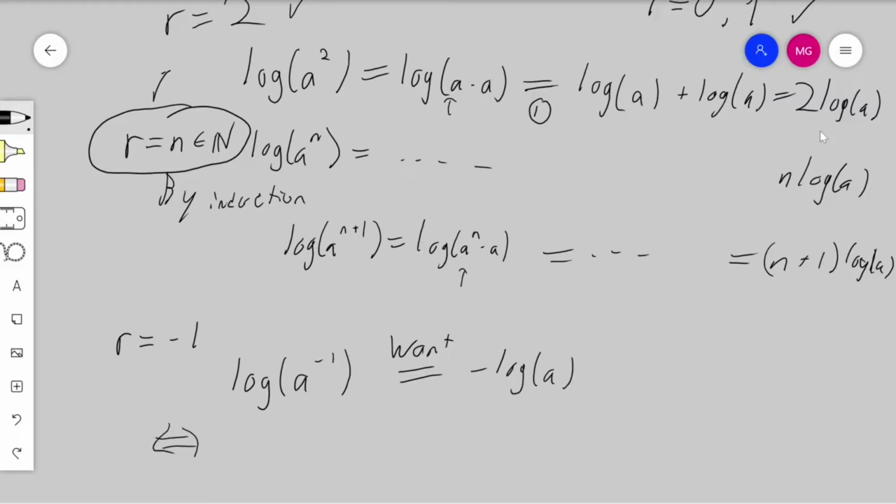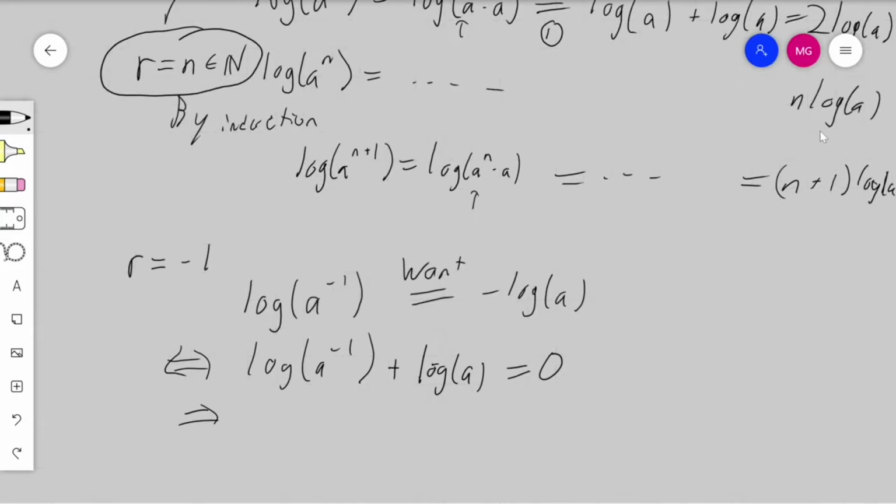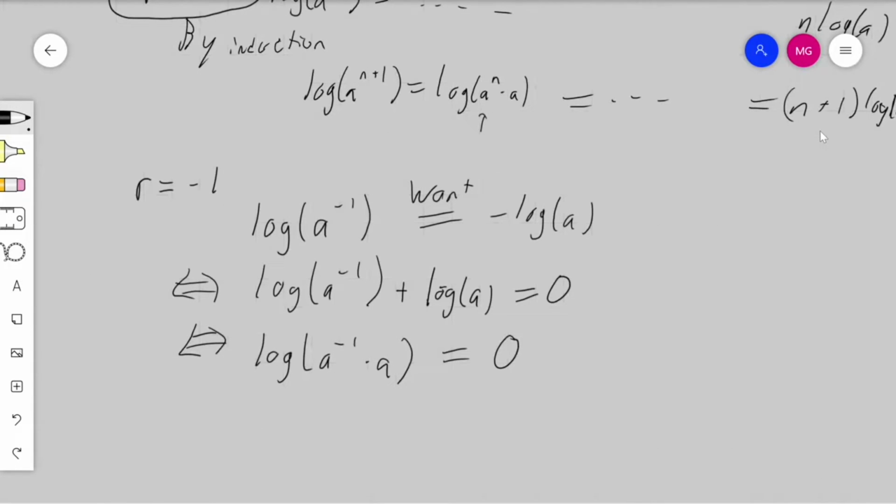So this is equivalent with showing that if we just add that to the left-hand side, we have log of a to the power minus 1 plus log of a equals 0. And so this is equivalent with turning the addition now into multiplication on the left-hand side. We get log of a to the power minus 1 times a equaling 0. And of course, this is equivalent with, we just simplify, log of 1 equals 0, because a to the power minus 1 times a equals 1.